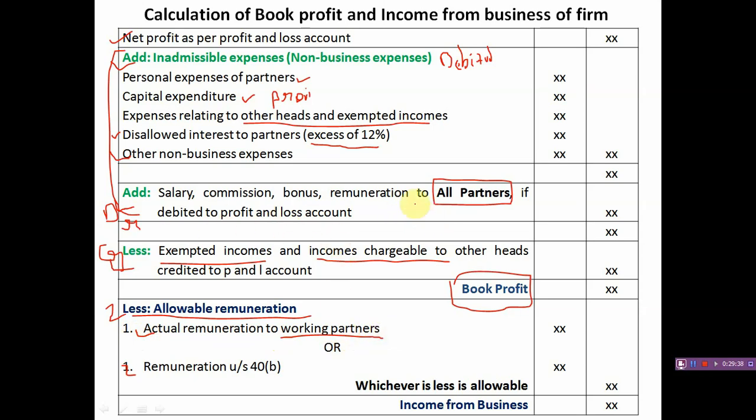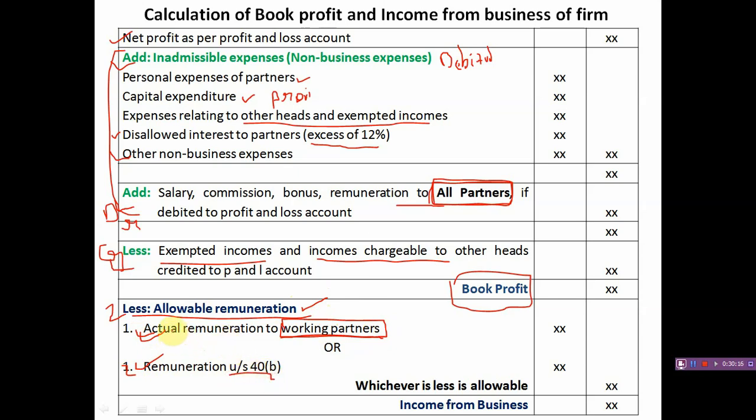While adding back to the profit, we should take remuneration to all the partners, whether working or non-working, but while calculating allowable remuneration, only the remuneration to working partners is to be taken. So first we compute the actual remuneration to working partners, then we compute the remuneration under section 40B. We will discuss that in the next slide.